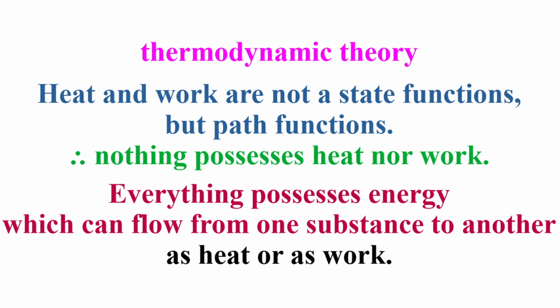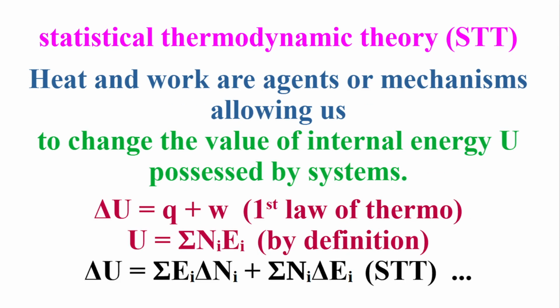Heat and work are path functions. According to statistical thermodynamic theory, either is just an agent or a mechanism that allows us to change the amount of internal energy possessed by systems.